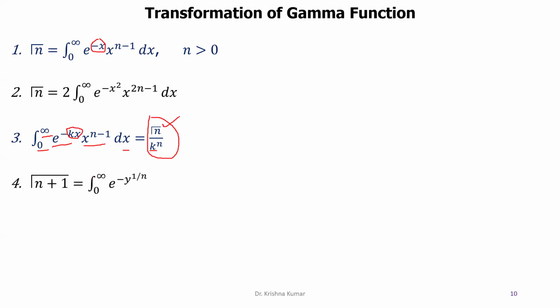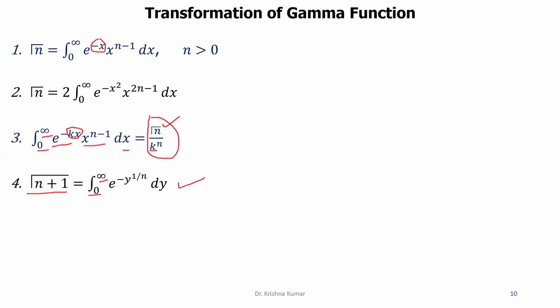The fourth alternate formula for gamma function is gamma n plus 1 is equal to the integration of e to the power minus y whole to the power 1 upon n, under the limit 0 to infinity with respect to y.